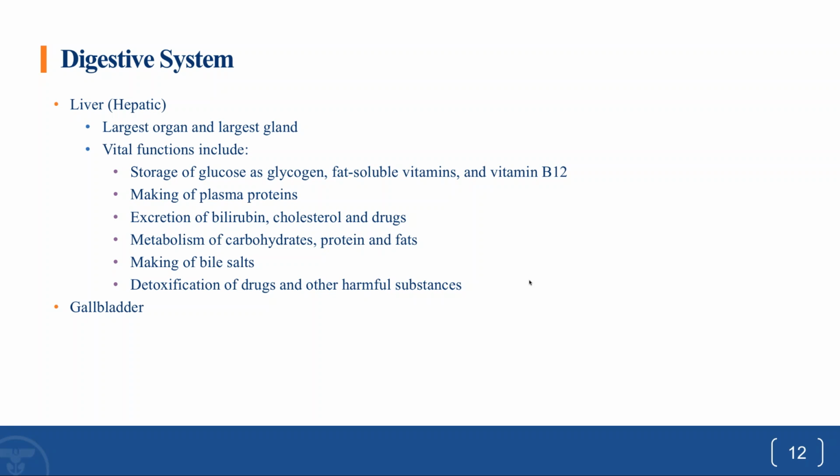Okay, the liver is our filter. That's where they store glucose, okay, plasma proteins. That's how you metabolize carbohydrates. So if your filter is blocked, you're not going to metabolize the food that you take in. So it's important that we take care of our liver.